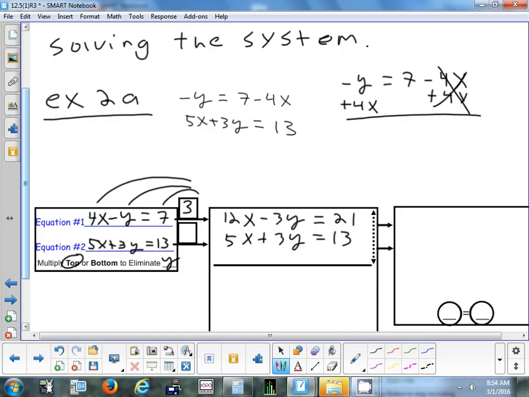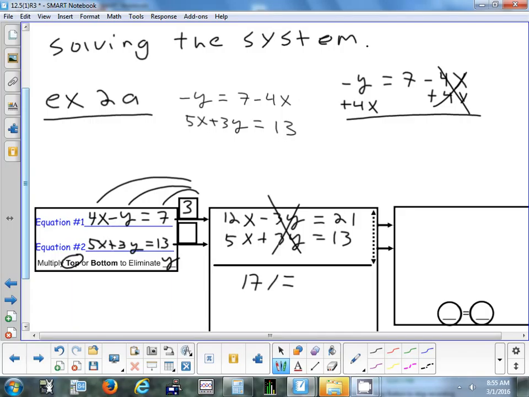Now, look what happens. Since Ryan said to multiply by 3, look at the y's. Negative 3y, positive 3y. Those are going to be gone. All right. Justin, can you tell me what's 12x plus 5x? 16x. Oh, wait. 17x.